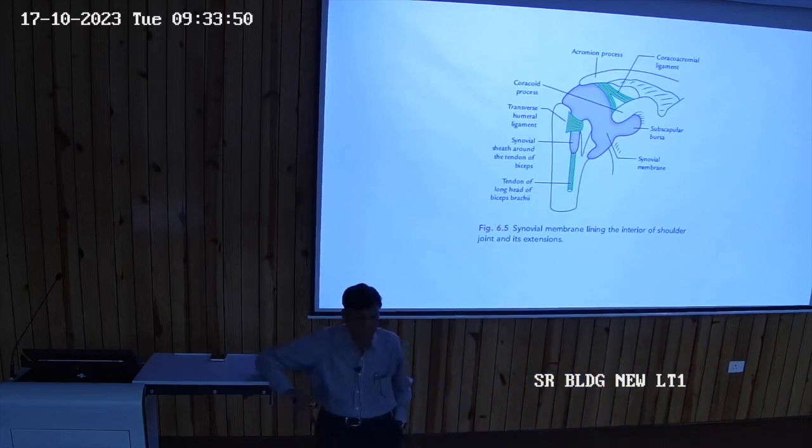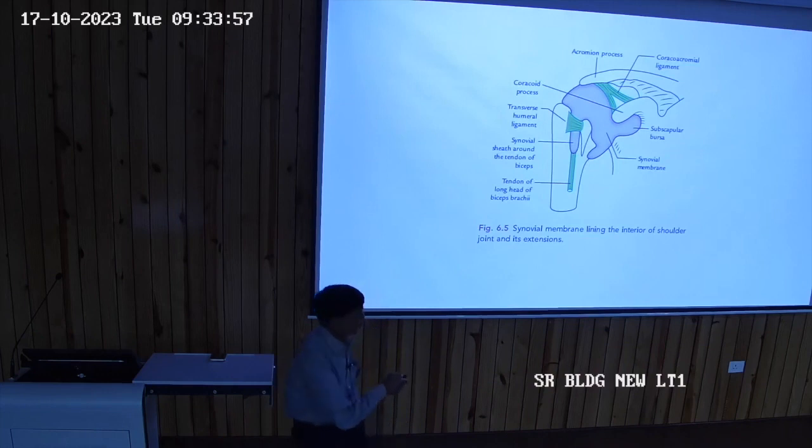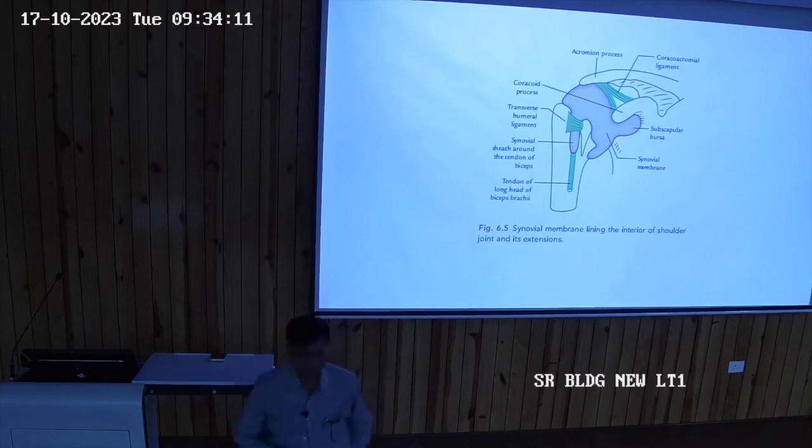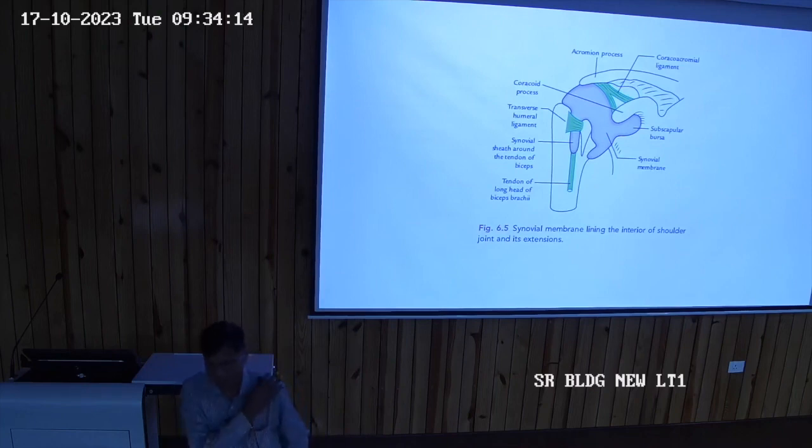I am talking of accessory ligaments. Accessory ligaments include the coracoacromial ligament, that is this one. Besides the coracoacromial ligament, the second thing includes the coracoid process, acromion process, and coracoacromial ligament. These three are forming the coracoacromial arch, and the function of the coracoacromial arch is to prevent the upward displacement of the head of humerus.